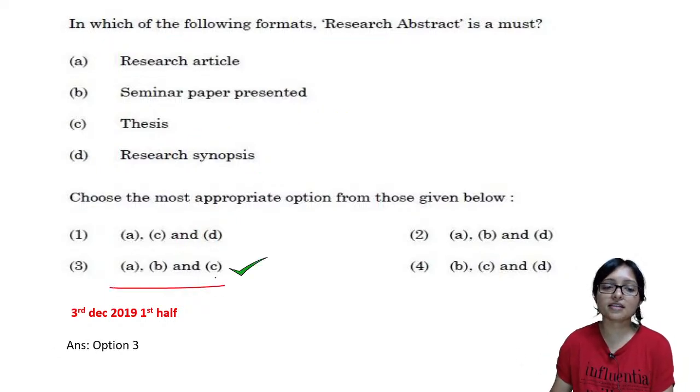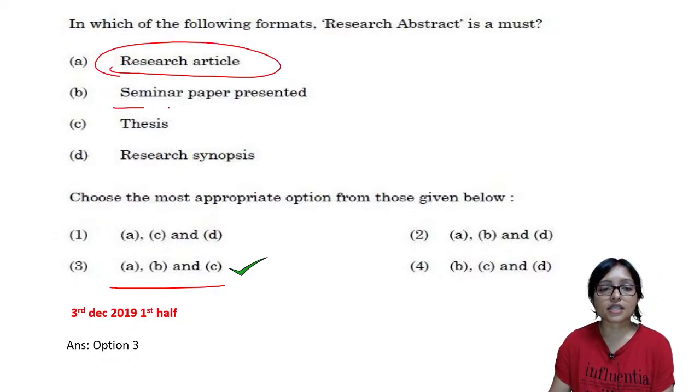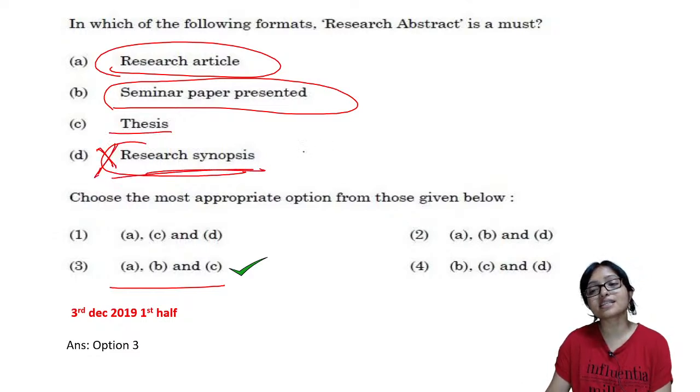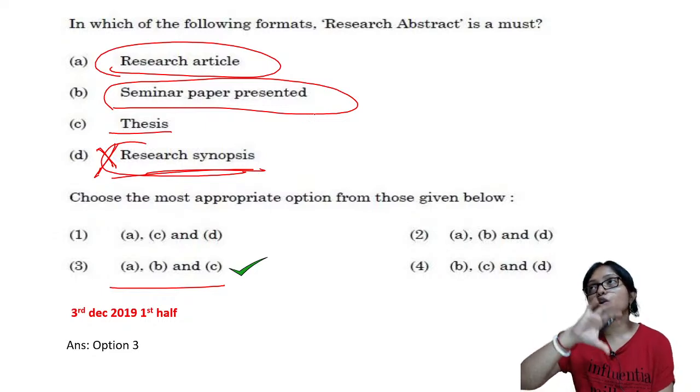Here also again the answer is 3, that is research article and seminar paper and the thesis, not the research synopsis, sorry. For the research synopsis it is not required, because the research synopsis is after the research, when you come to the conclusion and write the total conclusion.